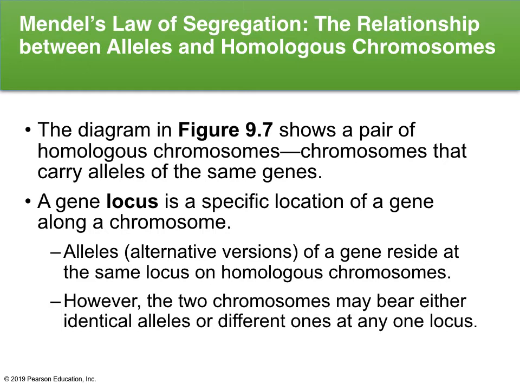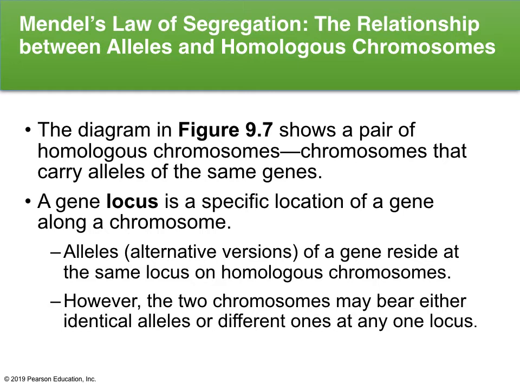The location of a gene on a chromosome is a locus. The plural is loci, L-O-C-I. Now, alleles, the alternate versions of a gene, reside at the same locus on homologous chromosomes. So they're at the same physical address, if you will, on each of those strands.